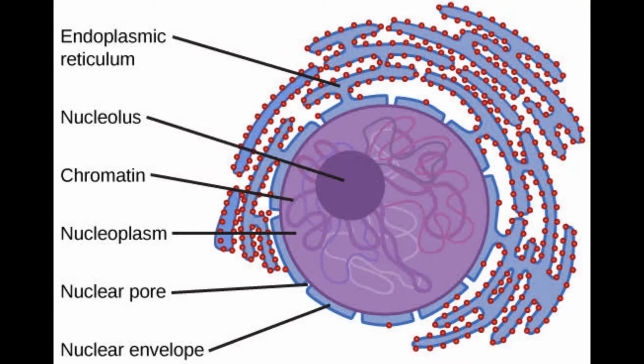Inside the nucleus, you can see some threads, right? Those threads are nothing but chromosomes. Here chromatin is written in your diagram, they are chromosomes. Then inside the nucleus one round shape is present, that is called the nucleolus.